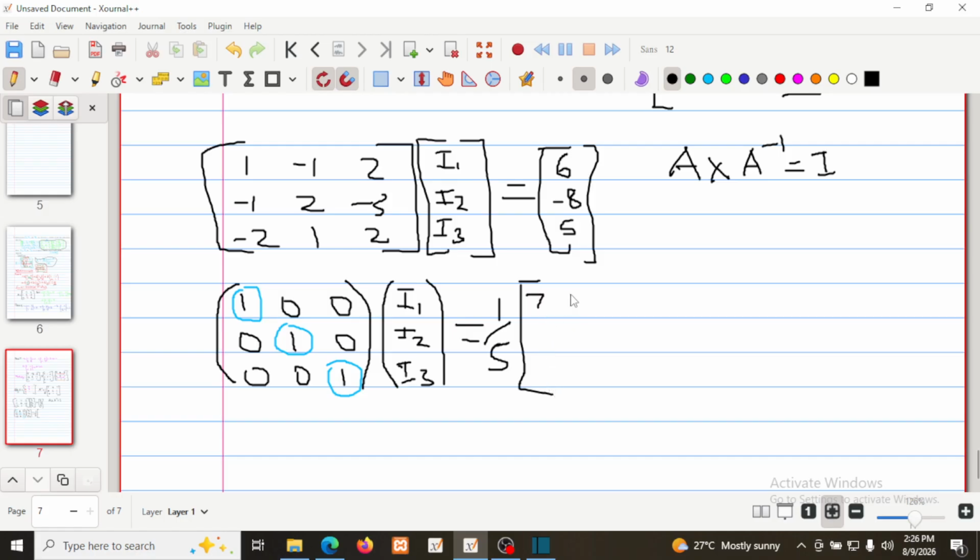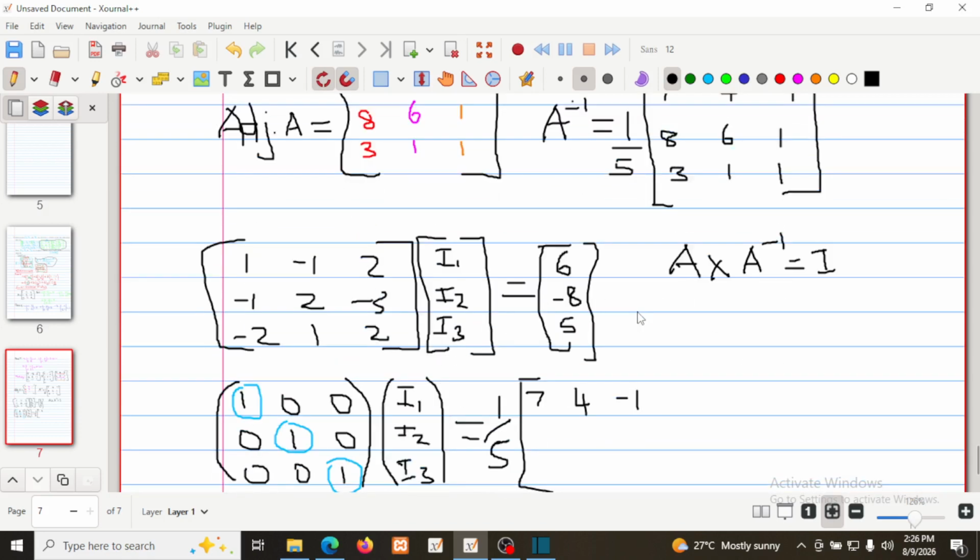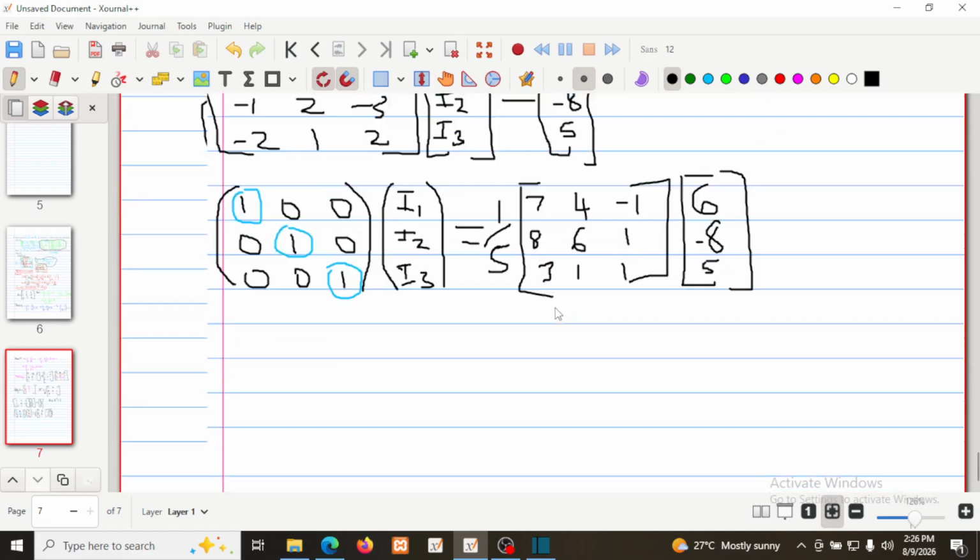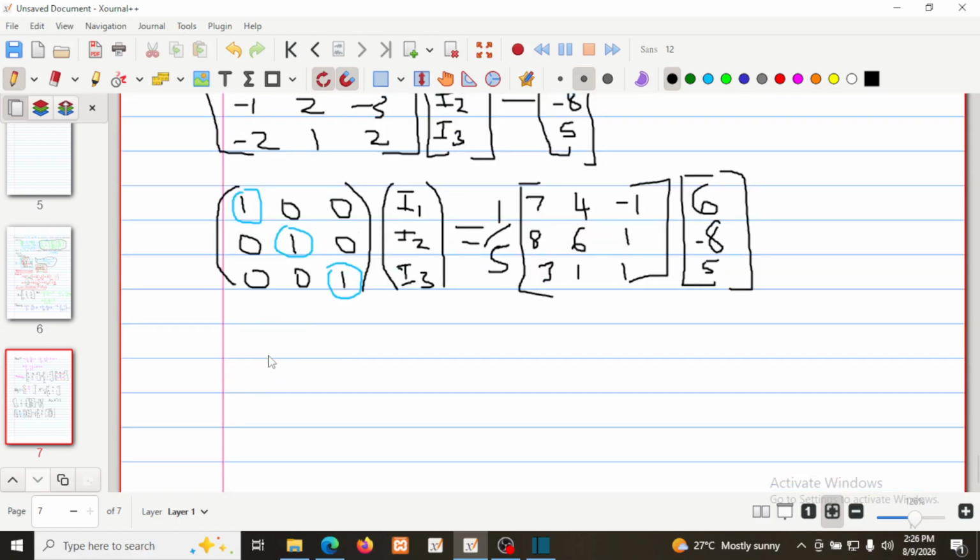So we have 7, 4, and negative 1, if I'm not wrong. Then we have 8, 6, 1, then 3, 1, 1. Then we have the original part, 6, negative 8, and 5. Now let's complete this part by multiplying directly.